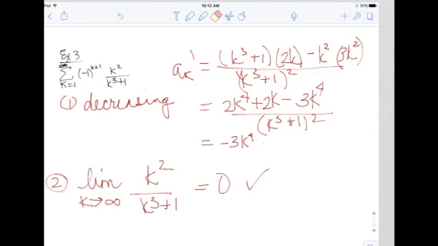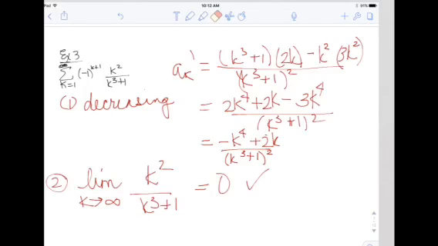No, negative k to the 4th, which is not decreasing for all values of k, but it's decreasing for values of k that are larger than 2.